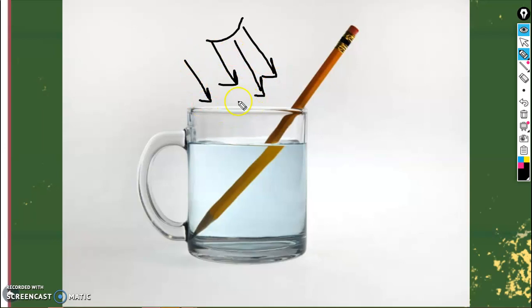So the light will travel actually faster than it travels through the water. So the light rays will travel in air faster than once it travels in water. So that's why we see the pencil seem to be bent, but it is not bent. So this is the explanation, or this is the reason.